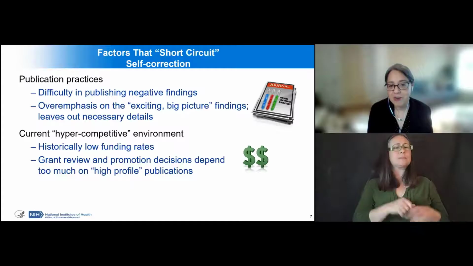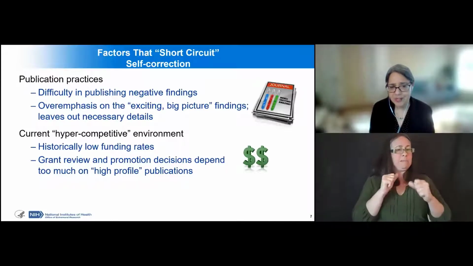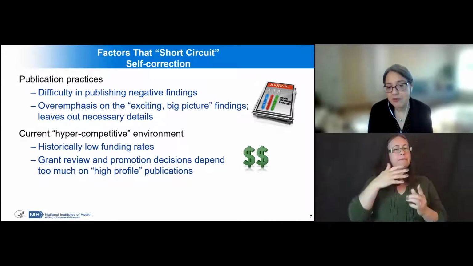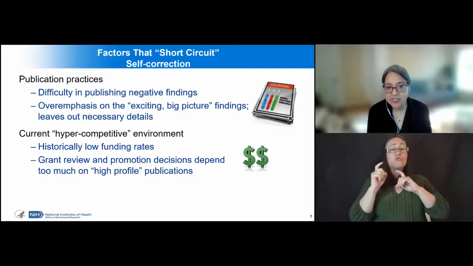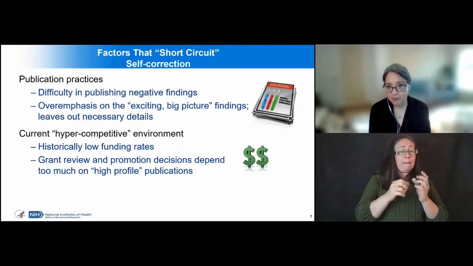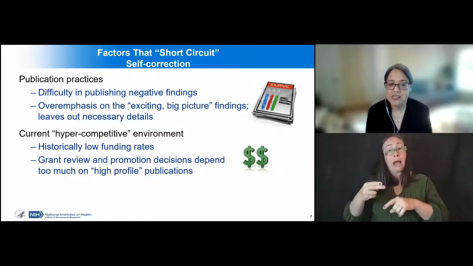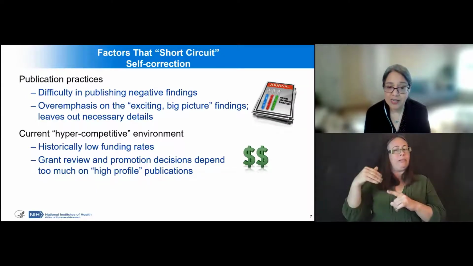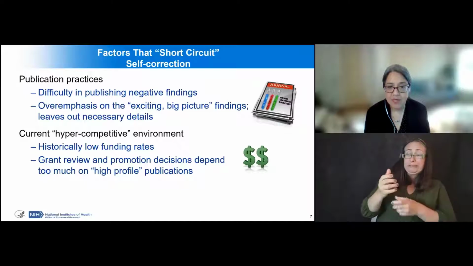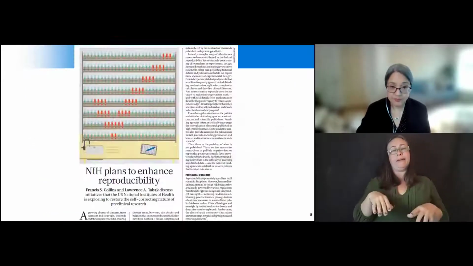There's also the current hyper-competitive environment. We know there are historically low funding rates, and grant review and promotion decisions depend too much on those high-profile publications. So someone who is trying to get a grant or a promotion may tend to take shortcuts.